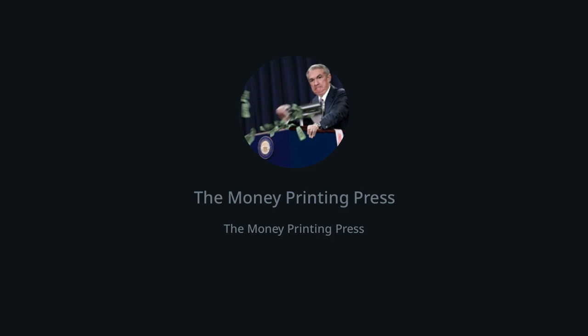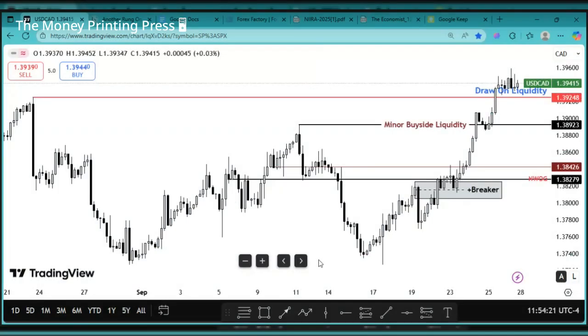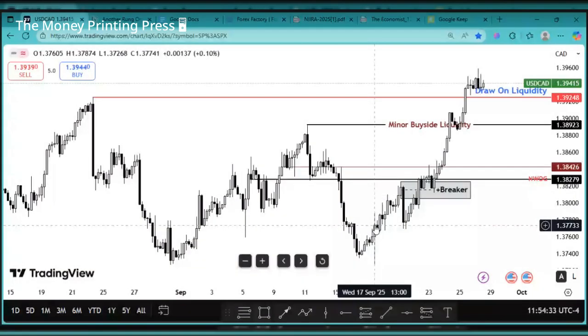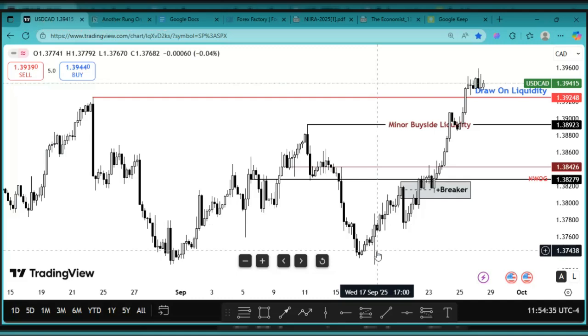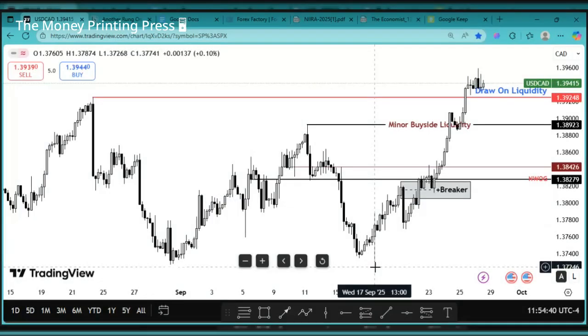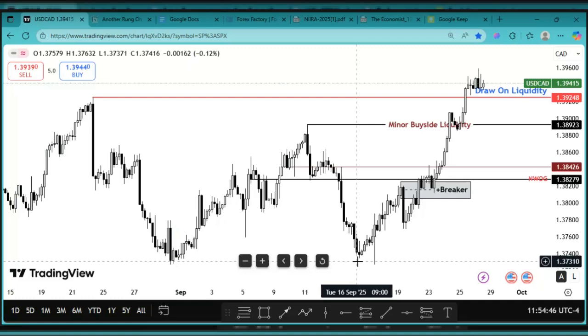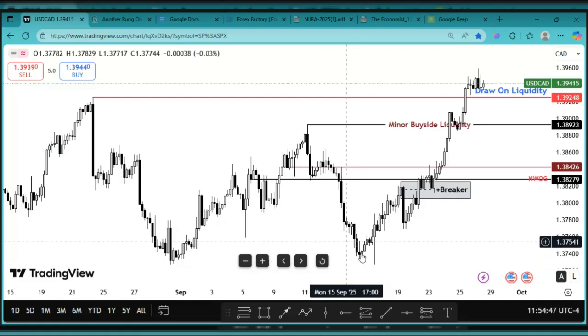Remember the FOMC news event two weeks ago. This is actually what happened on that day. This is the FOMC news event. You can see it traded low, took out buy stops here and here. So this is a purge of liquidity.